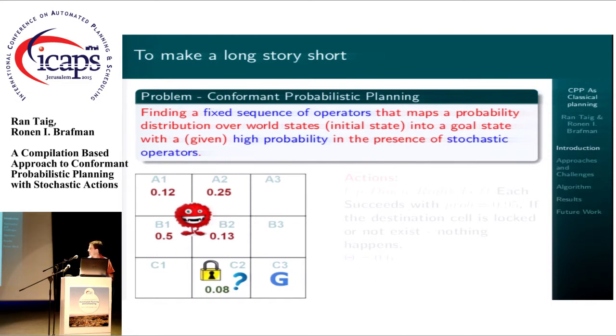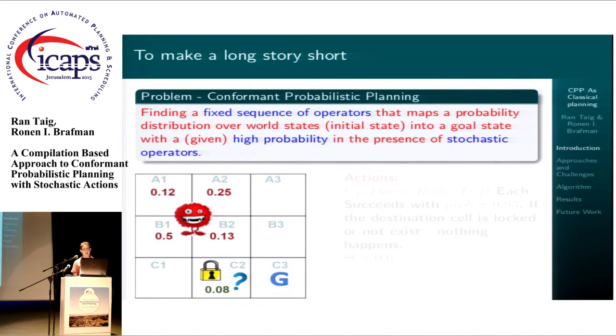So this is a small example of a CPP problem. And here the monster can be initially located in each of those four possible locations with those probabilities. And let's say we have another layer of uncertainty in the initial state about the possibility that the cell C2 is locked with a probability of 0.08.